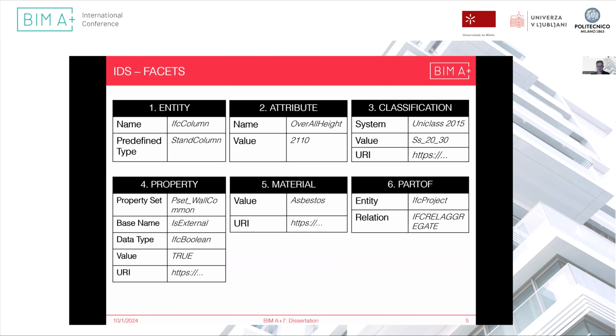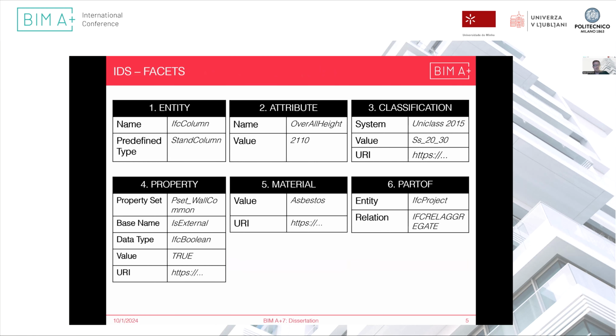Let's look at facets. You can sort of think of them as filters. With these, you can filter the data in IFC. So firstly, we have entity, such as IfcColumn with predefined type standard column, then attribute, which is an entity-specific property. For example, here, overall height. Then we have classification, where we can define system, value, and URI.